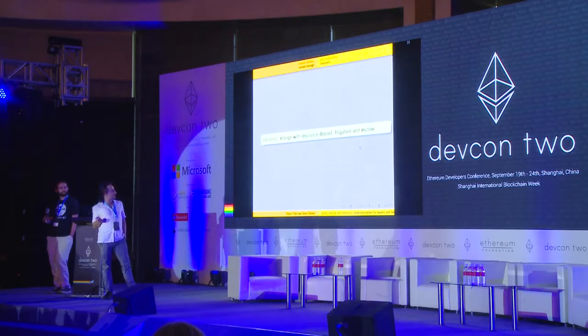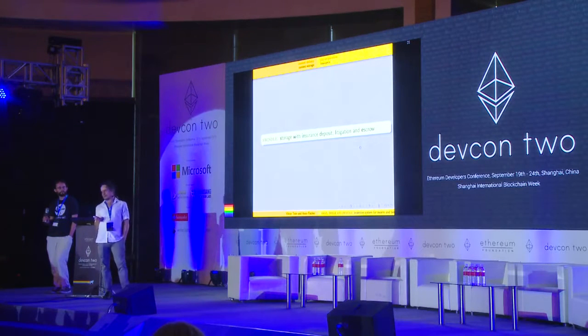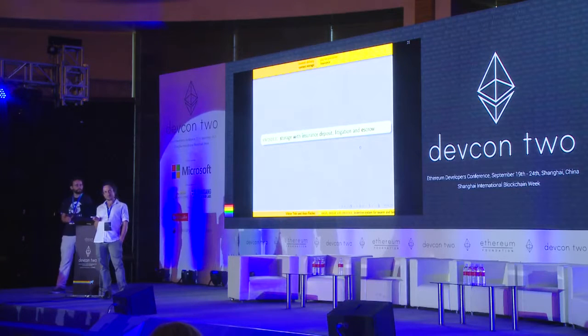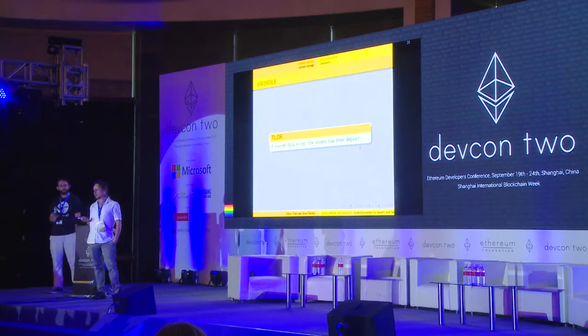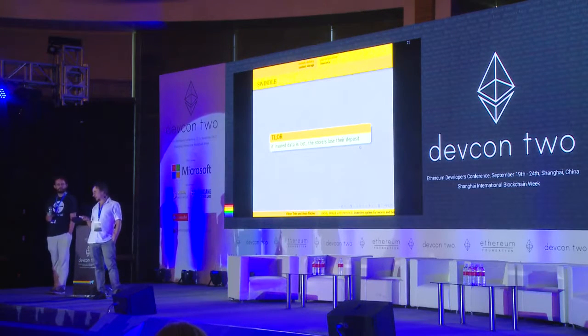So if you have the receipt, then you can start the litigation process. This is going to be the next component that we talk about. The litigation process makes sure that if the data is lost, then the sued storer loses their deposit.